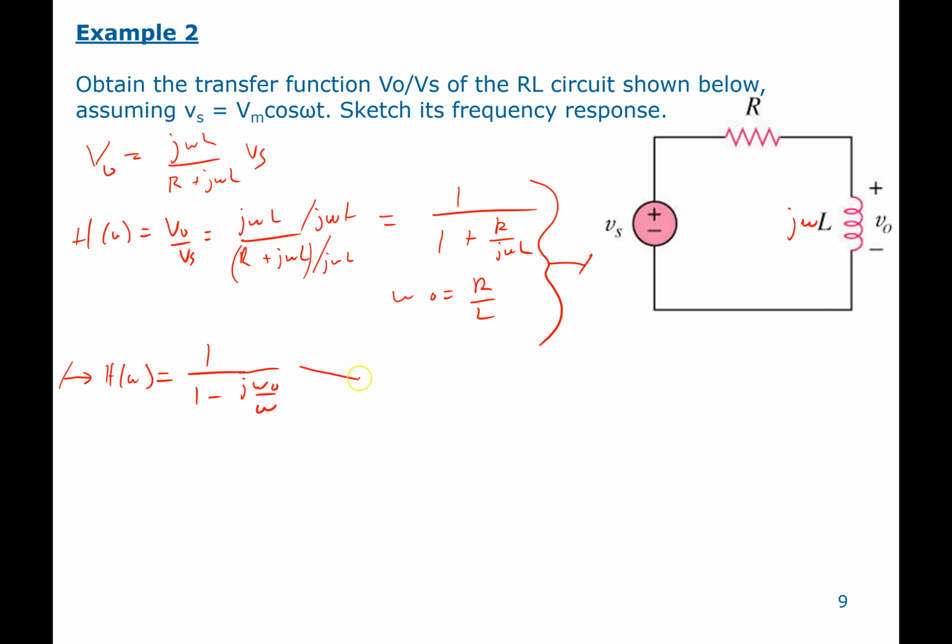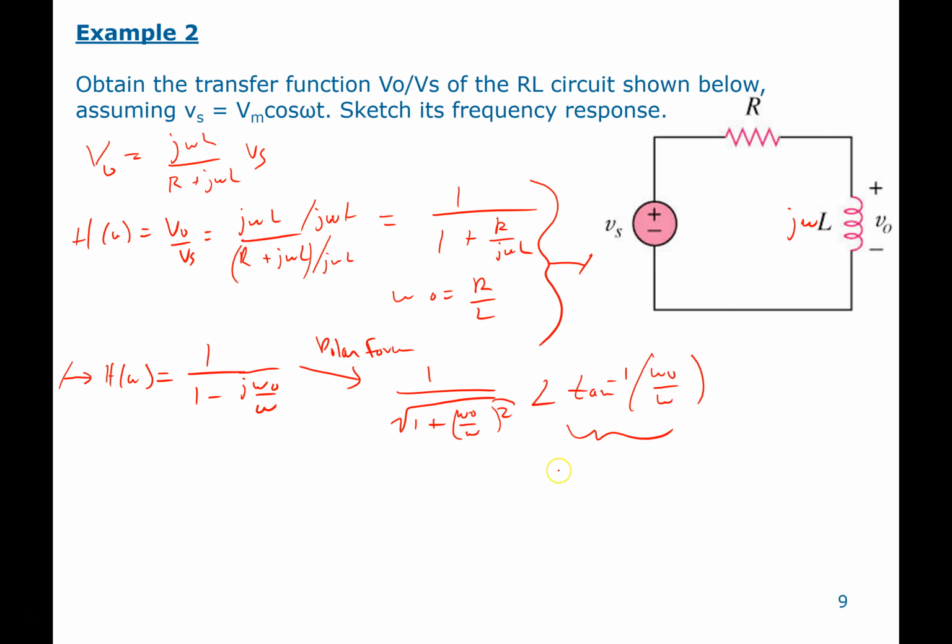And in polar form, you do some extra work here, and let's just cut to the chase, it's 1 over the square root of 1 plus omega 0 over omega squared, with an angle of the arctangent of omega 0 over omega.